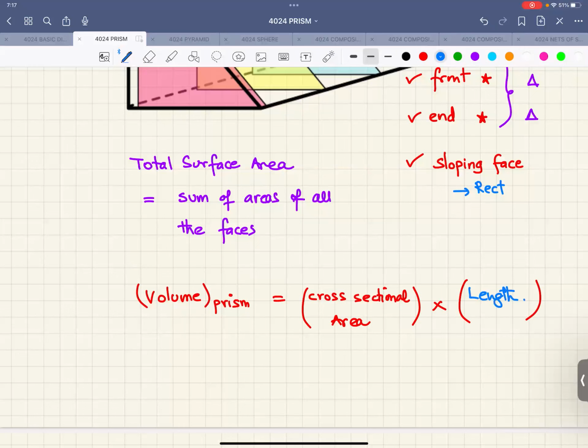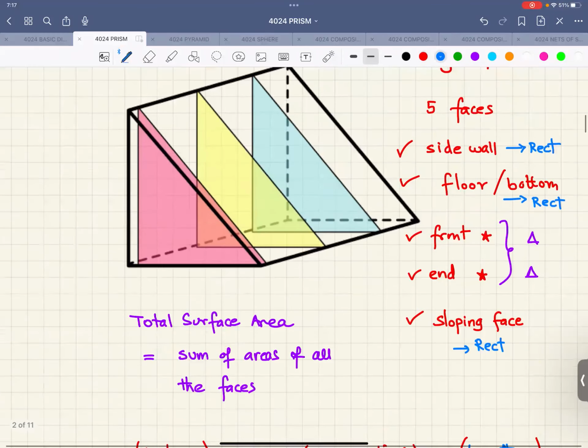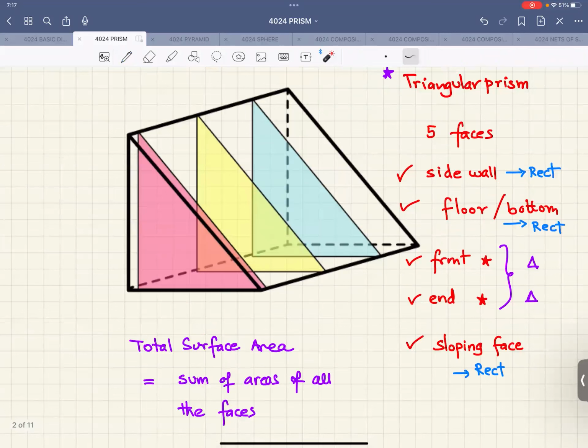Now, it's a matter of perspective. If we are seeing it like this and it's lying down, therefore, this is the length over here. It's starting from here, going all the way till the end. And then this one is the cross-sectional area. And that's how we get the volume.